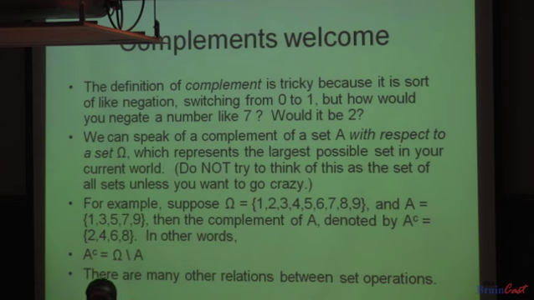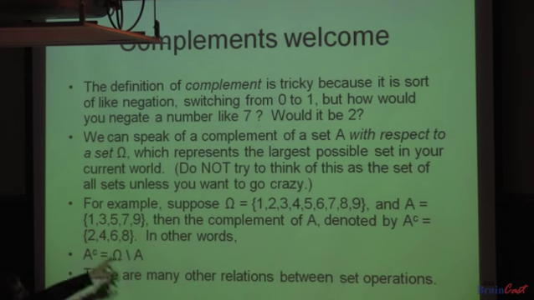So typically, the complement means, take the complement of 1, 2, 3, 4, 5 with respect to this fixed larger set. And then it just means, okay, take this larger set and take everything and then just subtract out the set of interest.